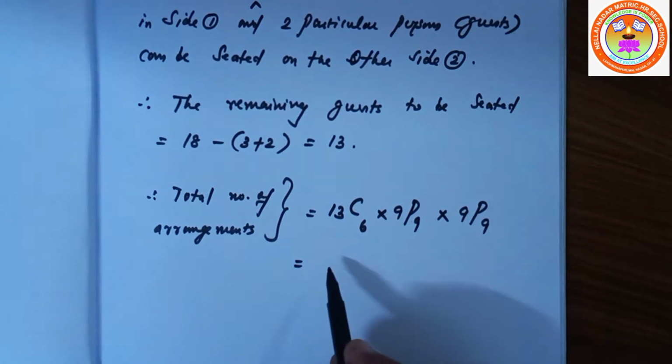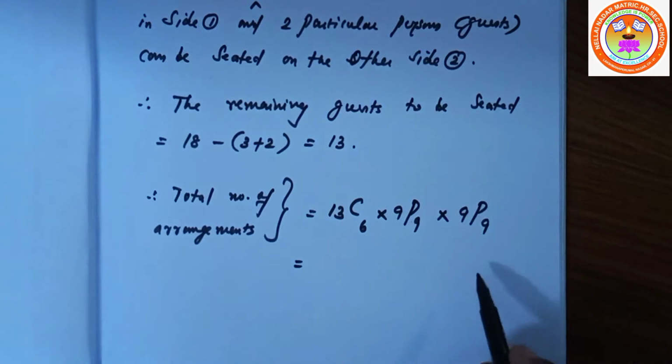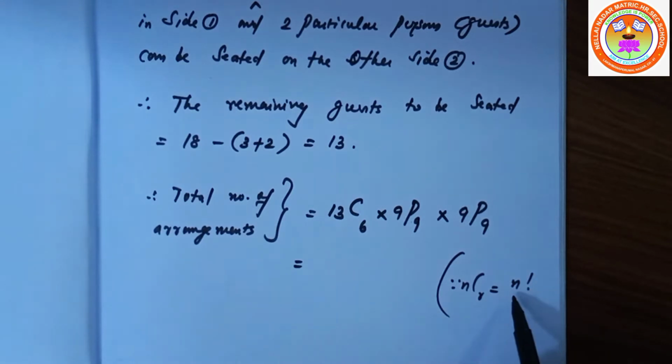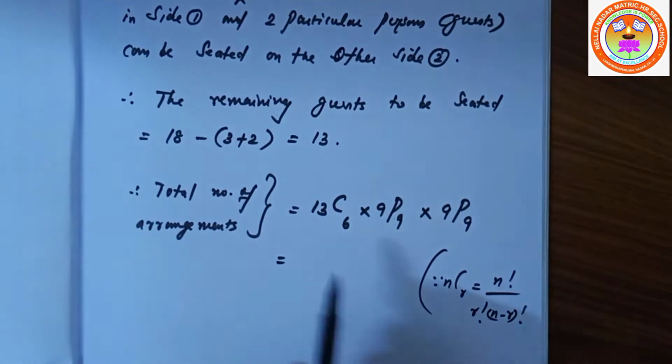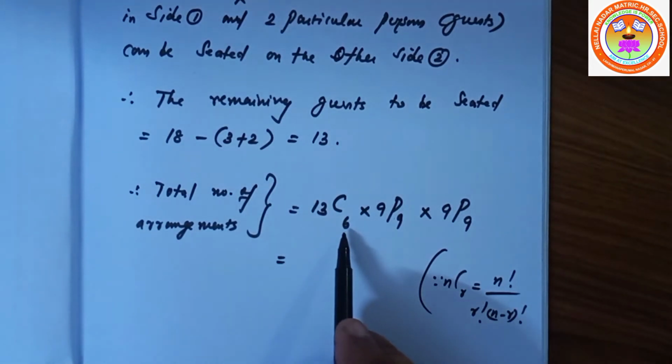Listen, 13C6. We can apply that formula nCr. nCr, you know that, nCr is equal to factorial n divided by factorial r into factorial n minus r. n is equal to 13 and r is equal to 6.